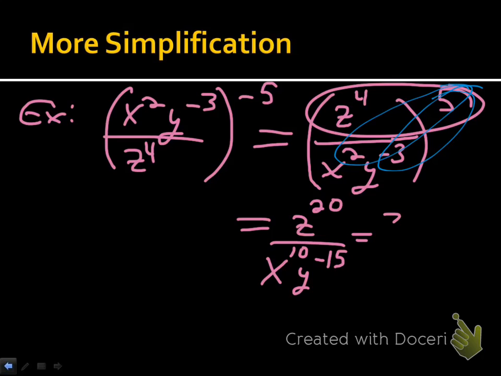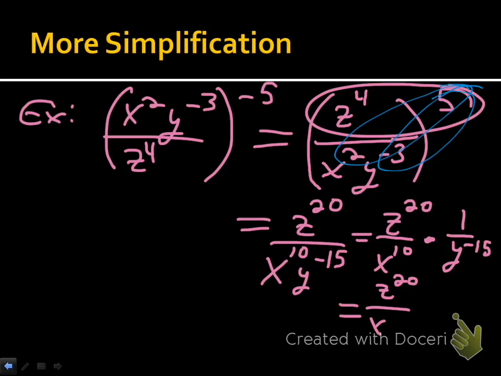So this is the same as z to the 20th, leaving the numerator alone, divided by x to the 10th times 1 over y to the negative 15th. Remember, whenever we have 1 over y to the negative power, that's the same as y to the positive power. So z to the 20th divided by x to the 10 times y to the 15.